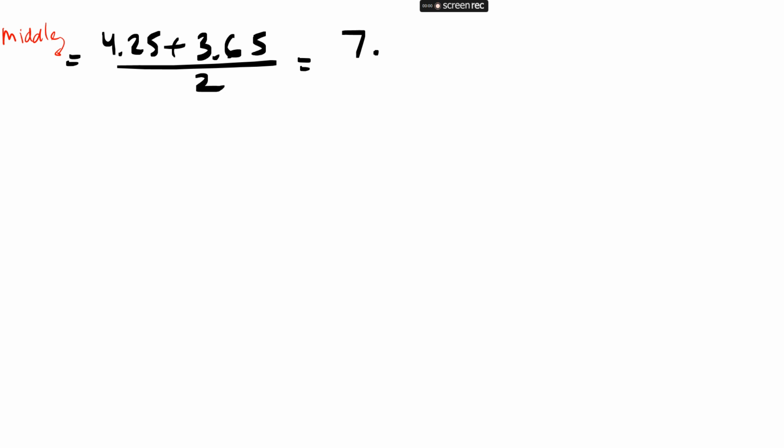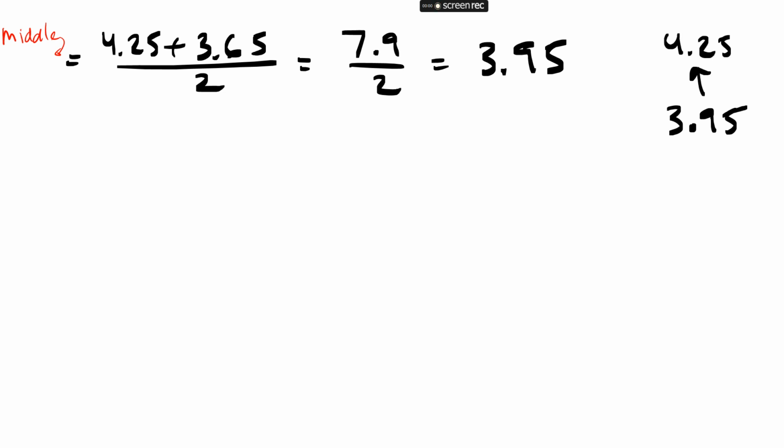If you add this up, you should get 7.9 divided by 2, so that's going to be 3.95. That's the middle. So 3.95 is the middle, and it goes up to 4.25. Also, it goes down to 3.65.